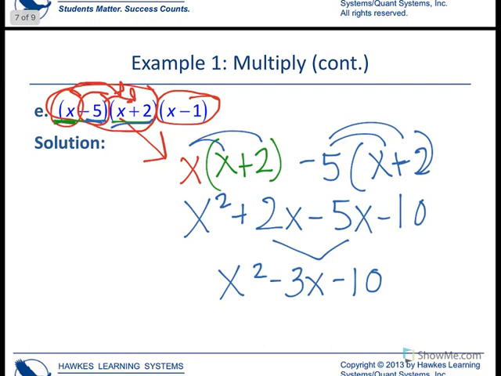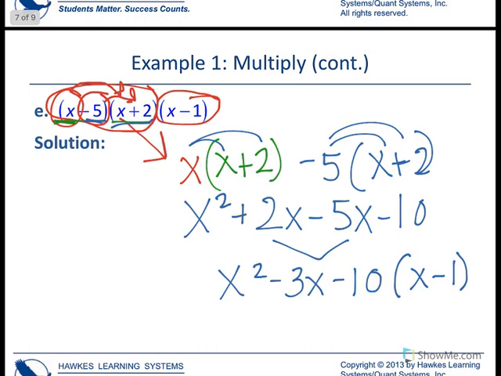Okay, then after you're done with that, you can come back and take that and multiply that by x minus 1.